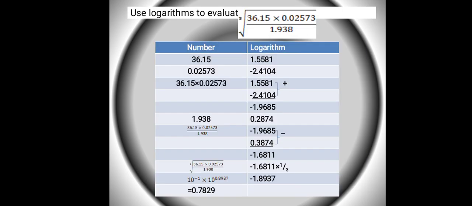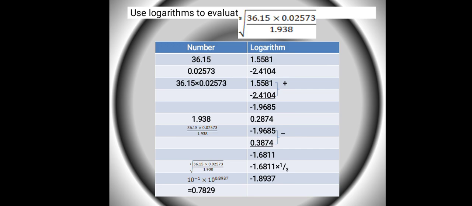Use logarithms to evaluate the cube root of 36.15 multiplied by 0.02573 all over 1.938. Now let's get the logarithm of each number. The logarithm of 36.15 is 1.5581.